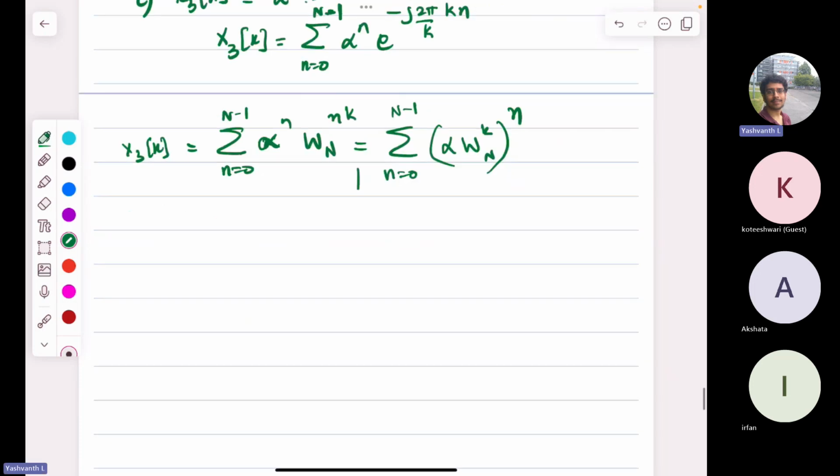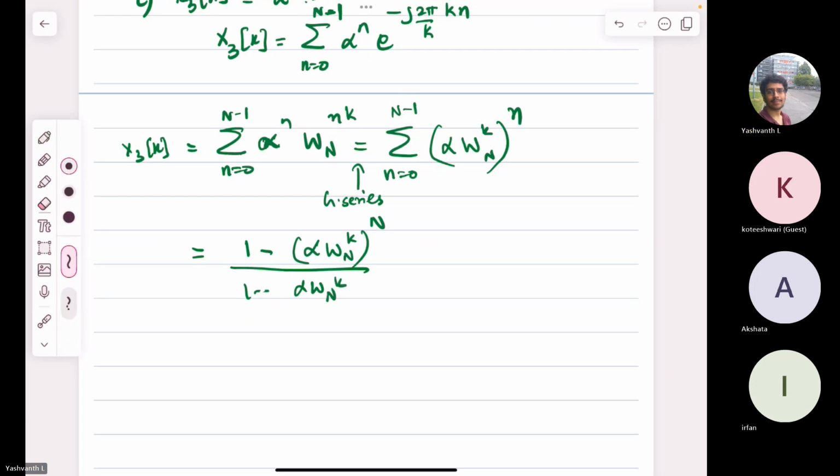Now apply the geometric series. It is nothing but 1 minus alpha W_N power k, whole power N, by 1 minus alpha W_N power k. Okay, this is basically your DFT for alpha power n.